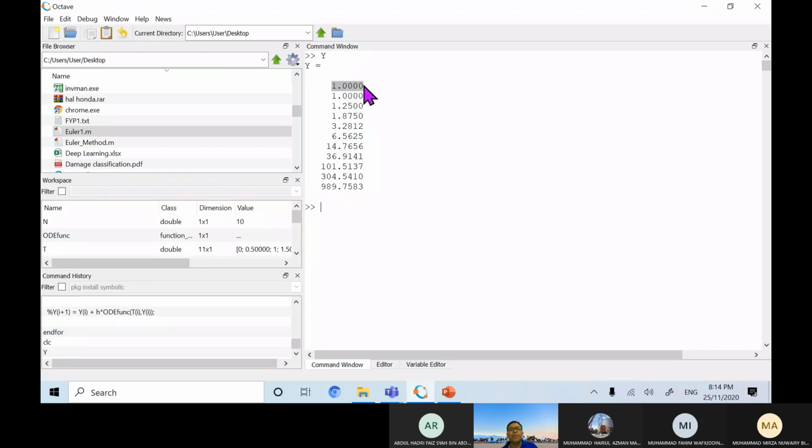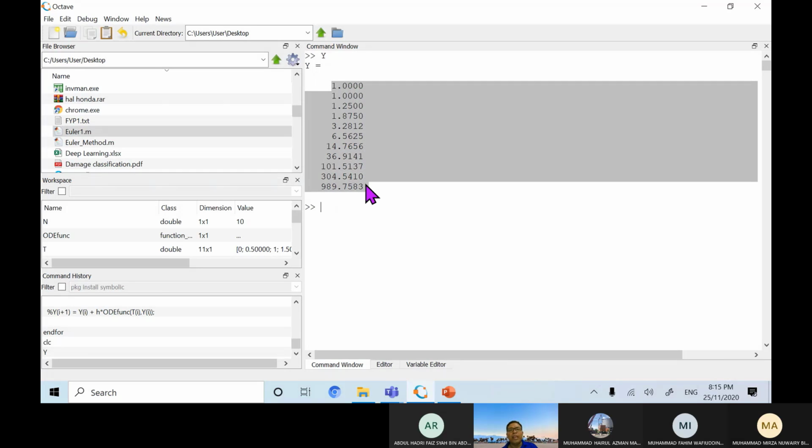So your y0 memang 1, y1 1, y2 1, y3 1.25, y4 1.875 sampailah yn 9897853. So this is the solution of the ODE based on Euler.